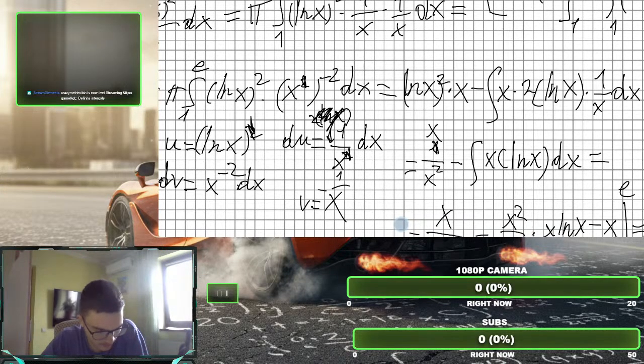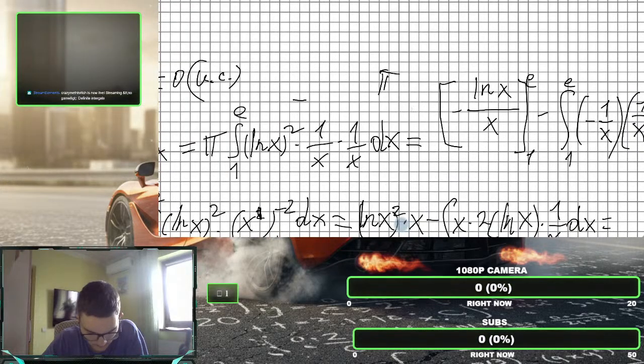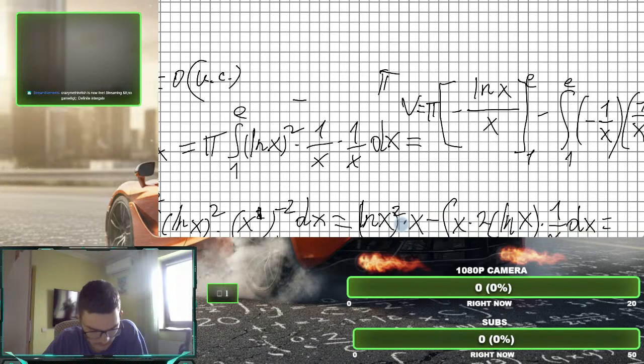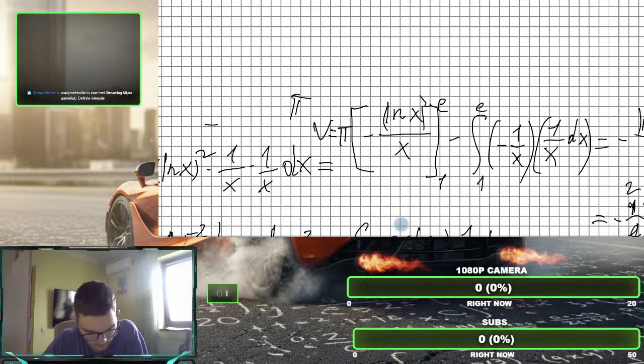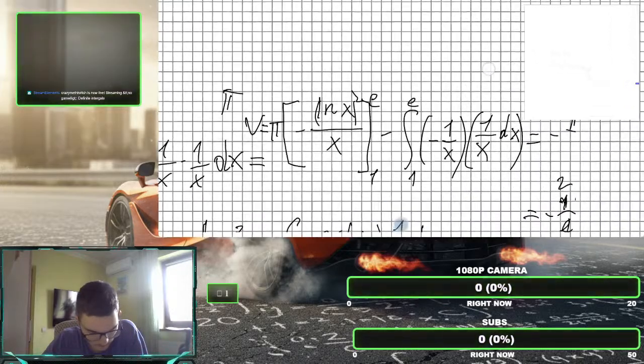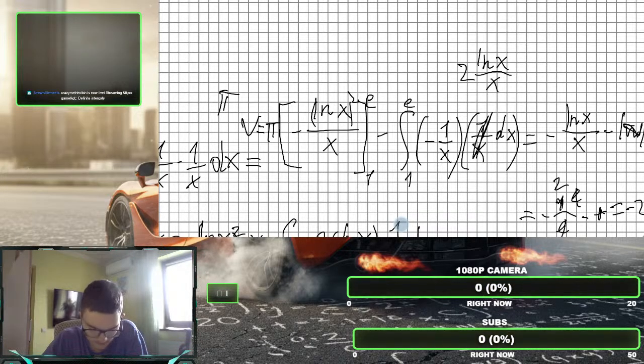Okay, that's correct. And then applying the formula, or did I apply it? So here, v equals pi times this at the second power based on the formula divided by x, and minus this integral. Okay, and essentially I could put 2, so instead of this, 2 ln x divided by x, and drag it here.